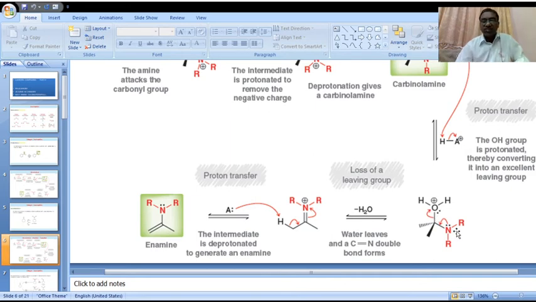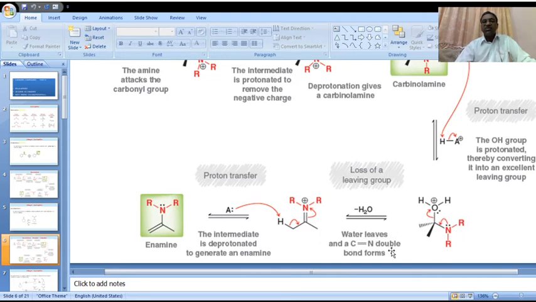How does the leaving group leave from this intermediate? Here, the pair of electrons on nitrogen donates to this side. Breakage of the C-O bond, a sigma bond. Loss of a water molecule. Here, a double bond forms between carbon and nitrogen.